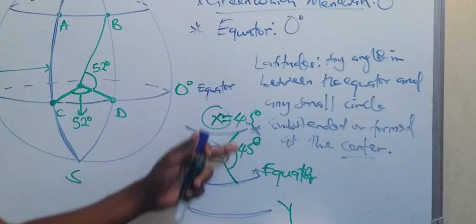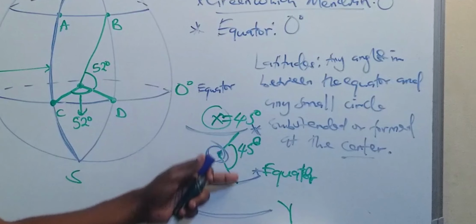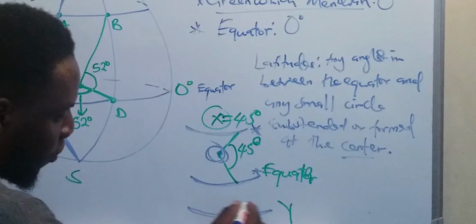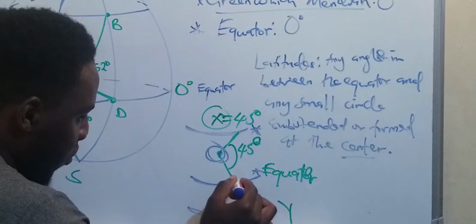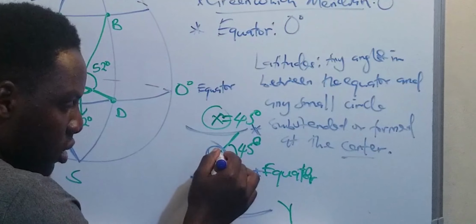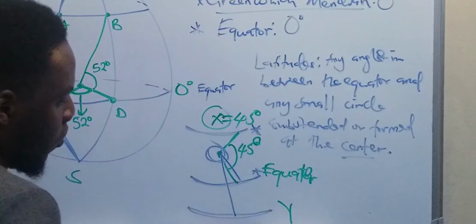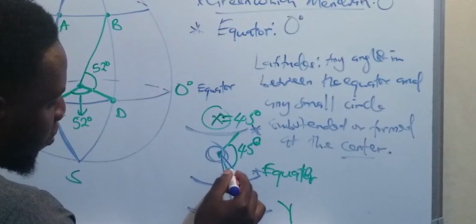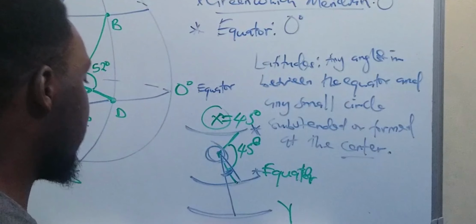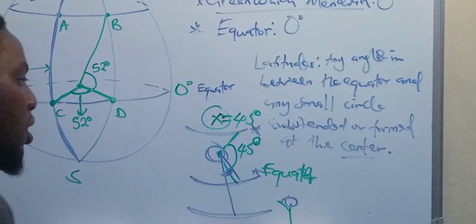So the angle in between these parallel imaginary lines, which are the equator and x degrees, will actually be the value of x degrees. If it was for y, it should be from the equator to the center, to y there. This angle to be formed there will actually be the value for y degrees there.